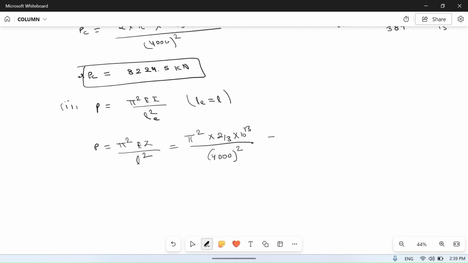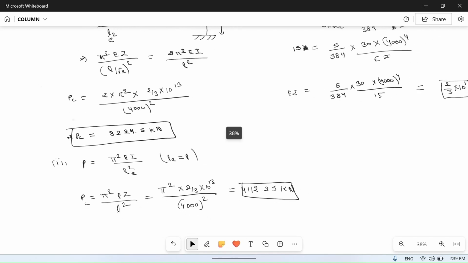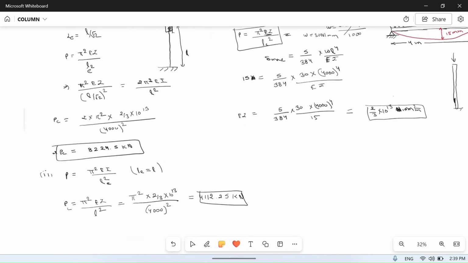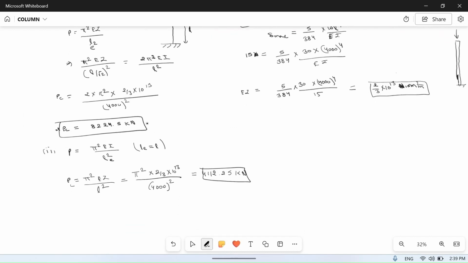If we put the values, we will get 4112.25 kilo Newton. So this is our crippling load or buckling load when both ends are pin jointed. If you compare these two, you can see that this column is 2 times stronger than this column, because one end is fixed.